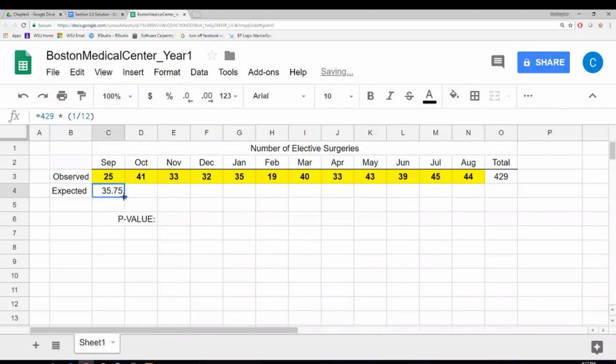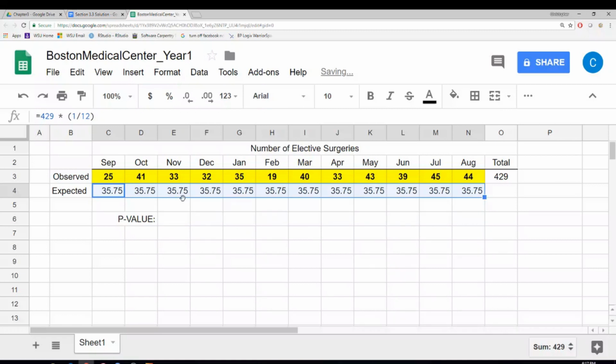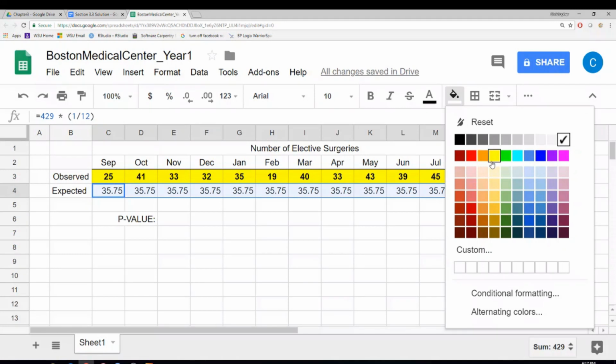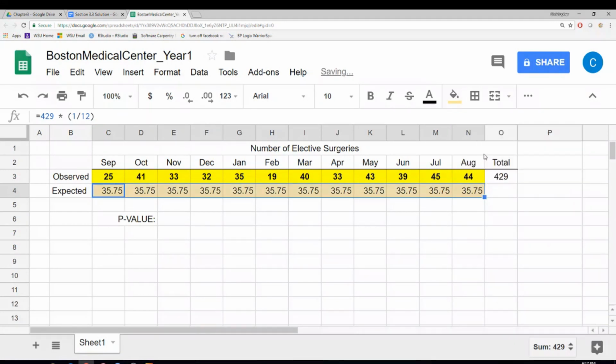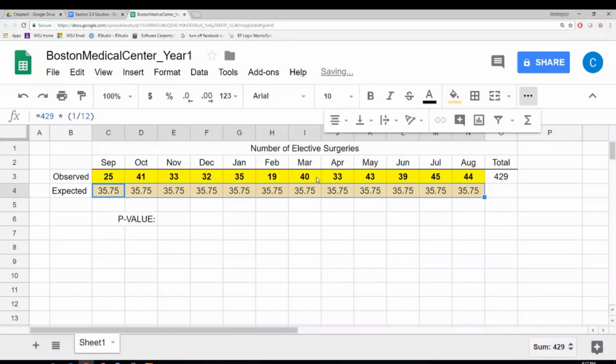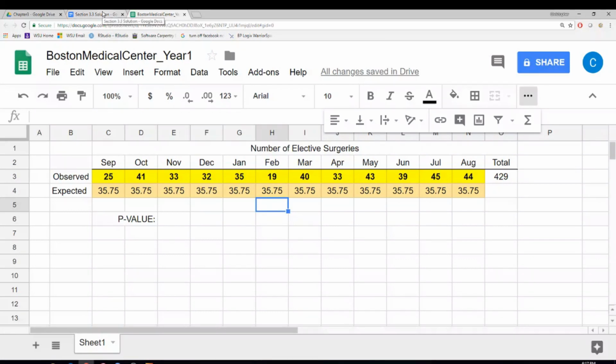And then I'm just going to drag that value across all of the months so I don't have to type it in lots of times. In the notes, it looks like I had highlighted those in an orangey color for you, just to differentiate those from the observed quantities. Okay, so that's how the expected quantities are computed.